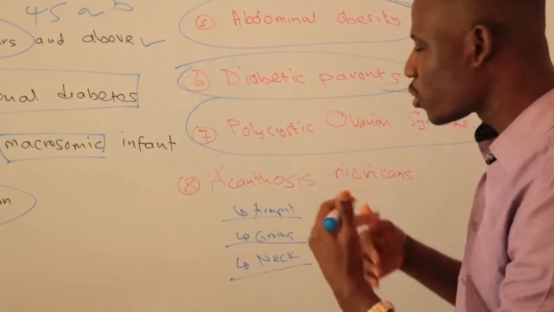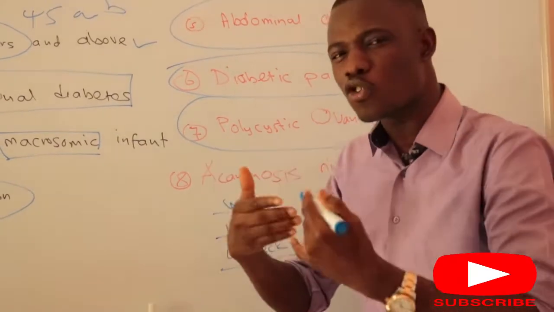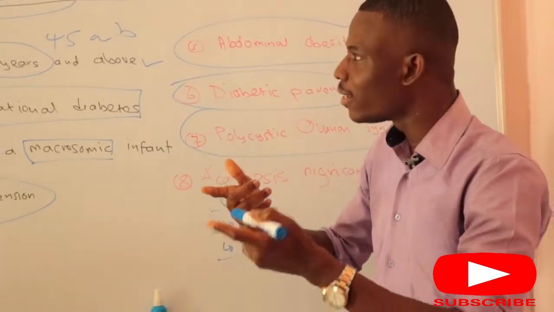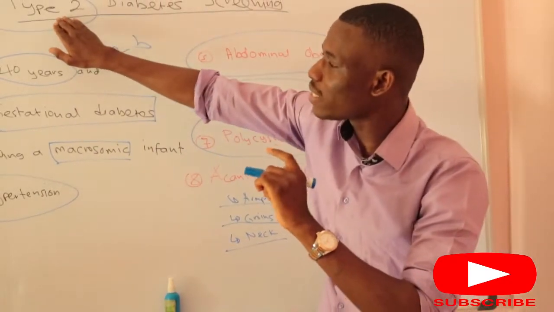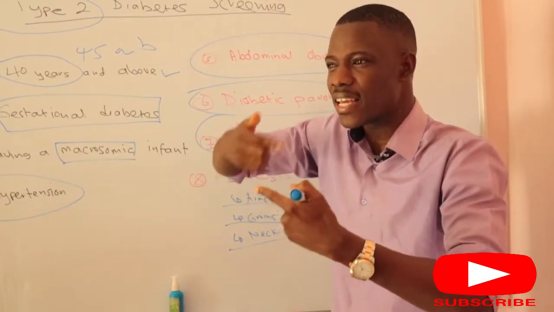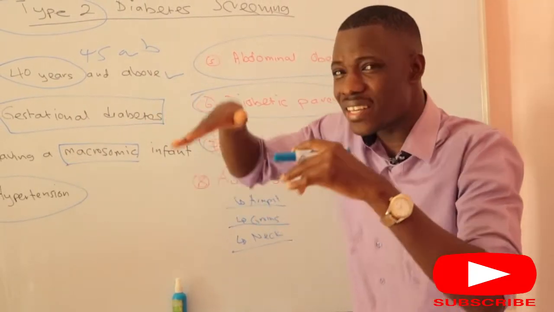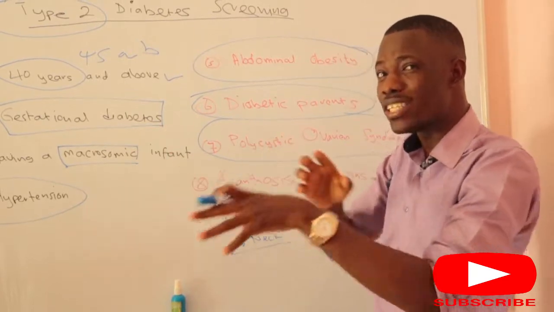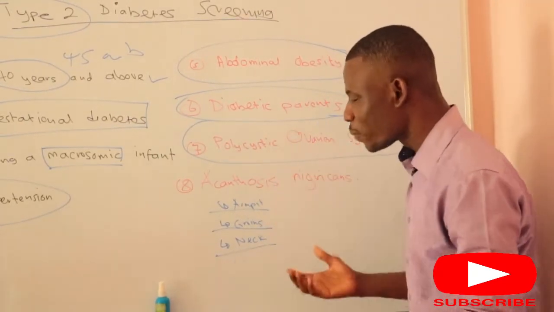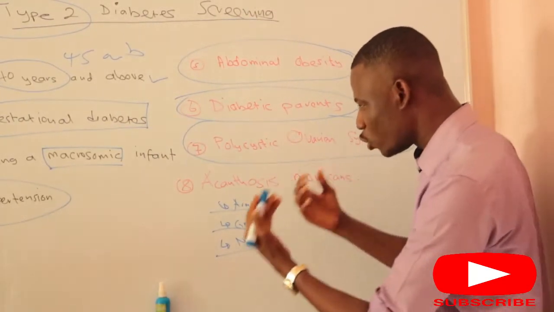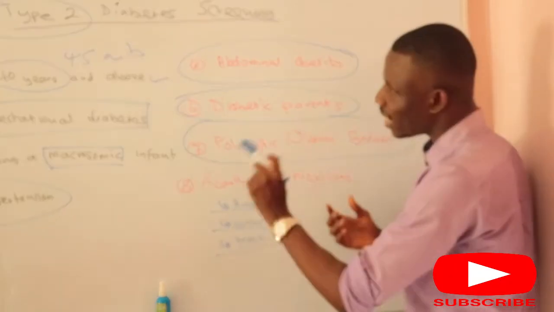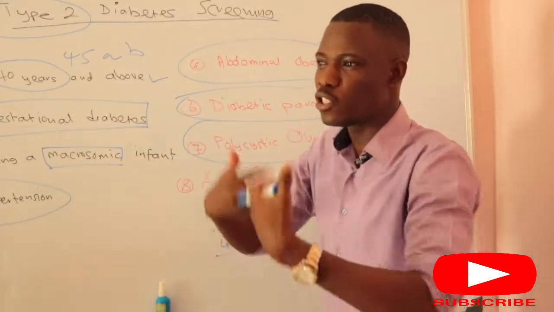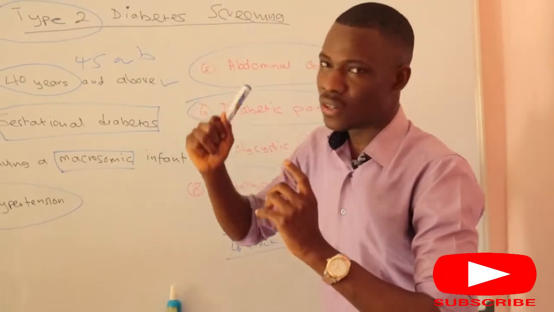This Acanthosis nigricans comes as a result of insulin resistance. Now, how does type 2 diabetes come about? It comes about when there is insulin resistance and reduction in the sensitivity of the cells to insulin. Any process that will give you insulin resistance will automatically make you likely to develop type 2 diabetes.